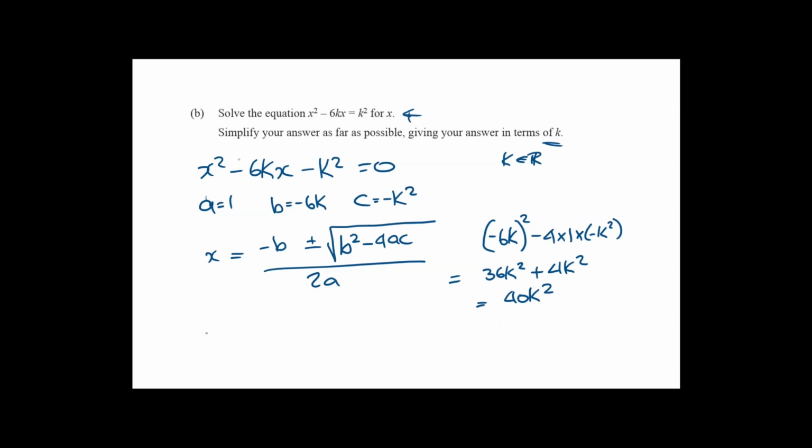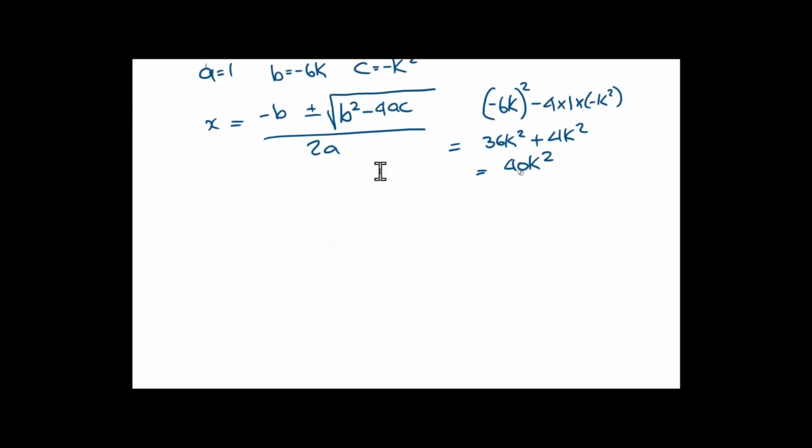Okay, so let's put it back together like this. So minus b is going to be 6k plus or minus the square root of 40k squared, all over 2 times 1, which is 2.